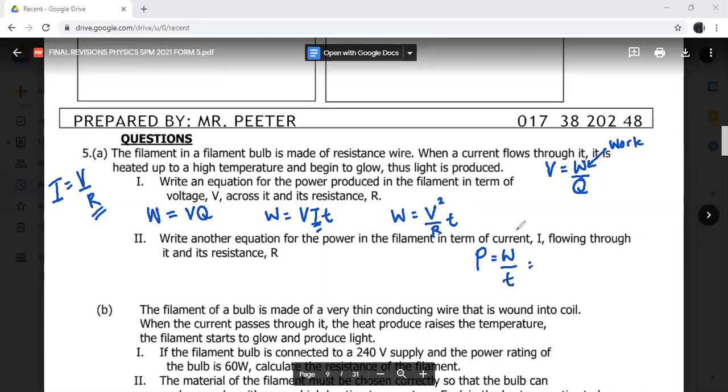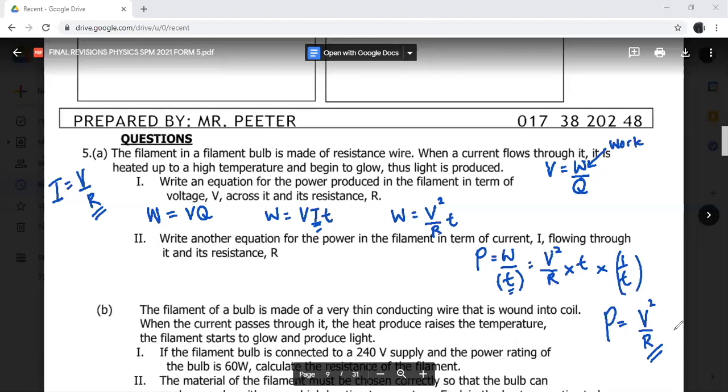The amount of work energy is V square over R times T. So divide by time, times 1 over T again. This becomes 1 over T again. So I end up getting power should be V square over R.